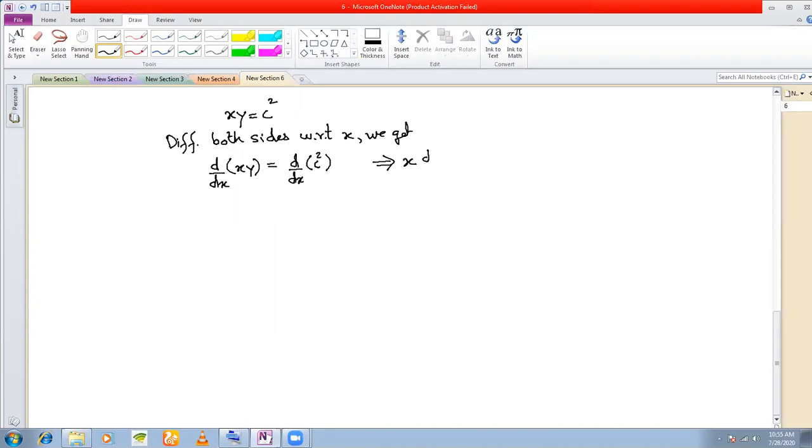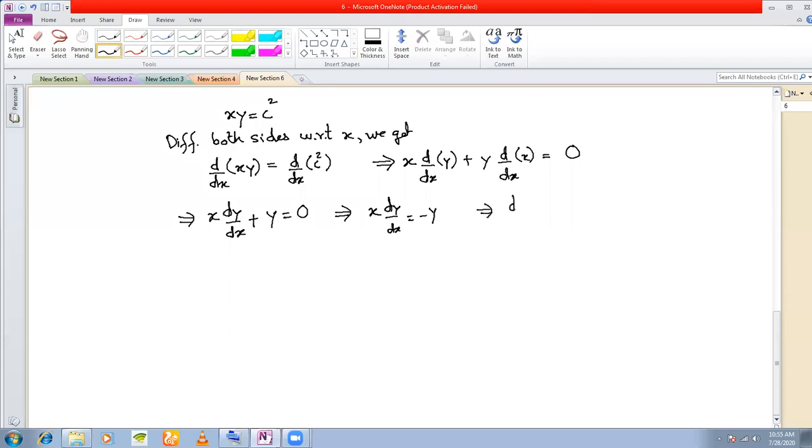So x d dx of y plus y d dx of x, and d dx of c square is equal to 0 because c is a constant. So what are you getting? You get x dy dx plus y is equal to 0. That means x dy dx is equal to minus y. That means dy dx is equal to minus y by x. Clear?